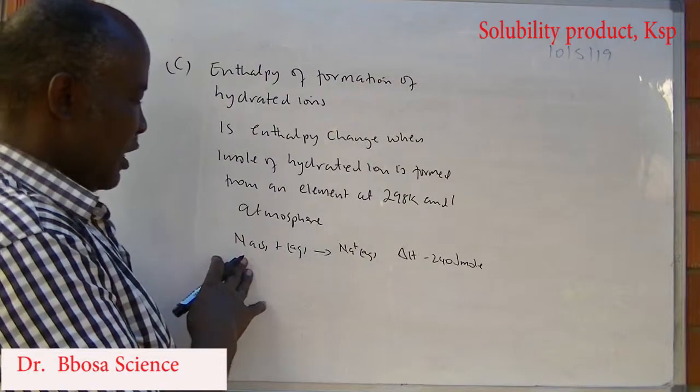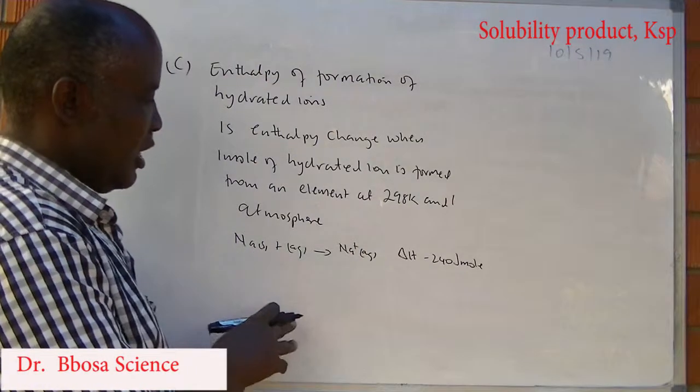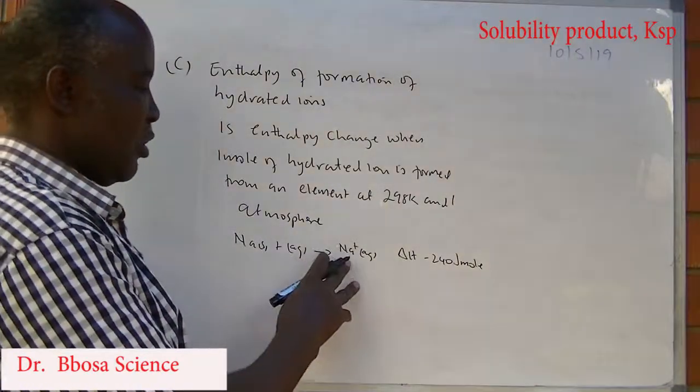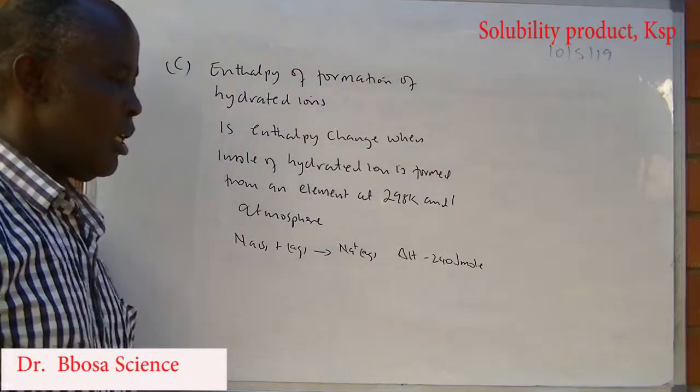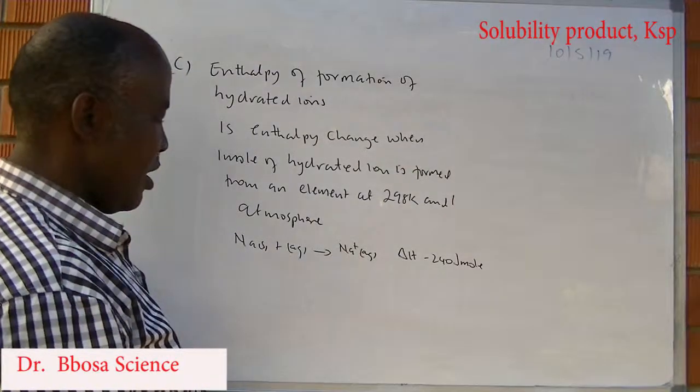For example, sodium at 298 K and 1 atmosphere is a solid, plus aqueous, you get sodium ion aqueous, delta H is negative 240 joules per mole.